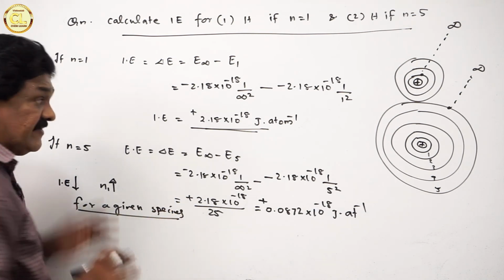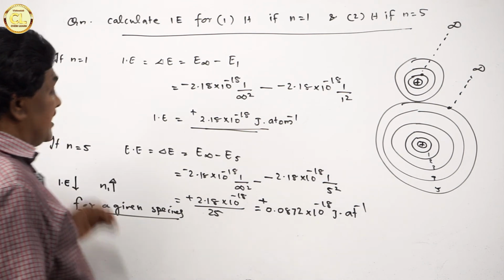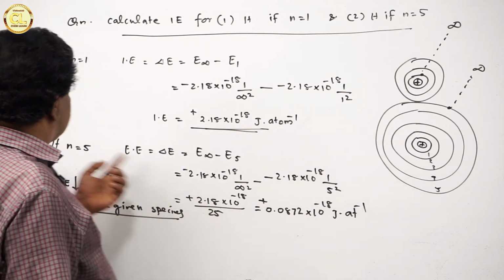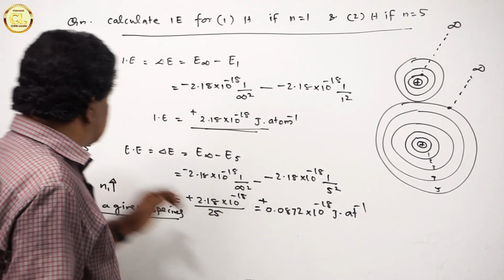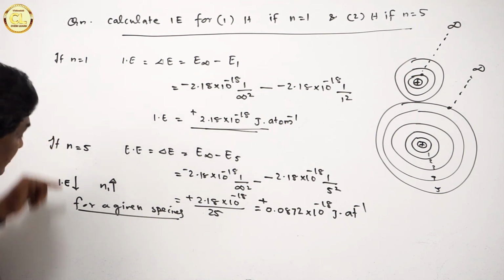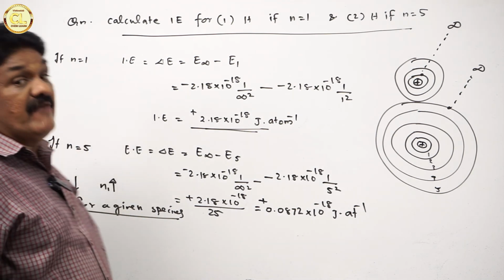That is, for hydrogen, the ionization enthalpy is less when n is equal to 5. Therefore, ionization enthalpy decreases with increase in n value.